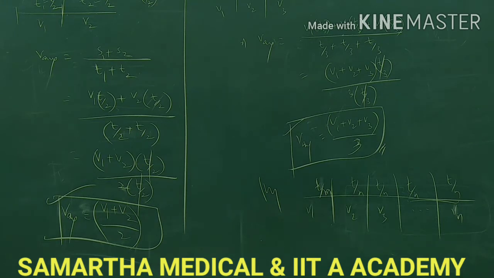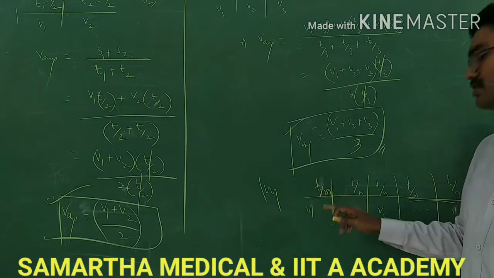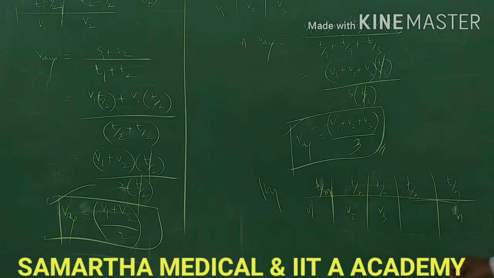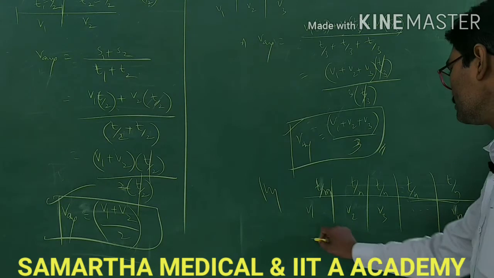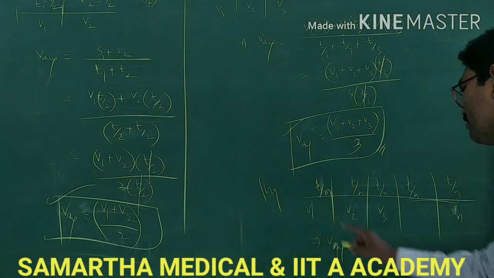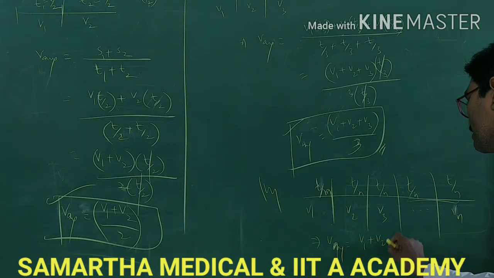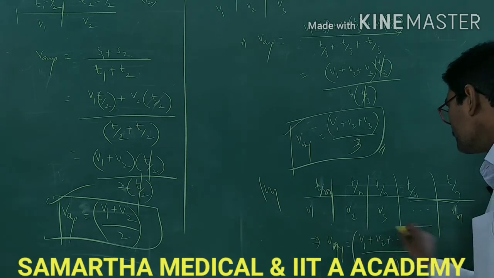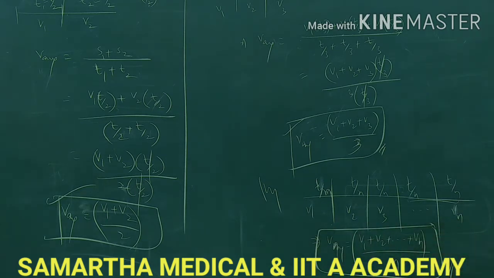Time intervals are the same, but speeds are not the same, so the distances covered are different. S1 equals v1 into t by n, S2 equals v2 into t by n, like that. So then what is the average speed? V average equals the sum of all, v1 plus v2 plus so on plus vn, by n. This is for n equal intervals. Okay? Note down. Next.